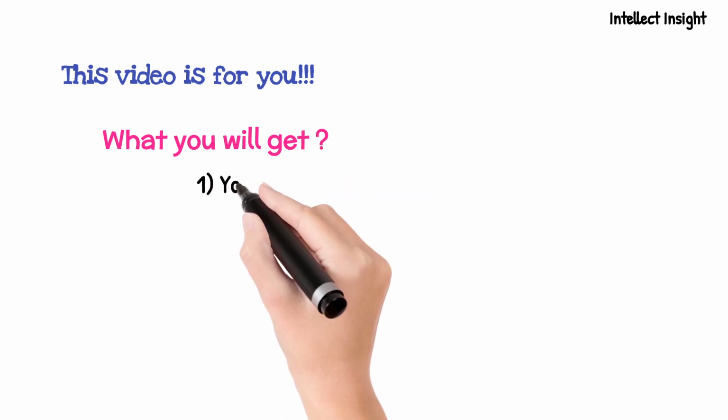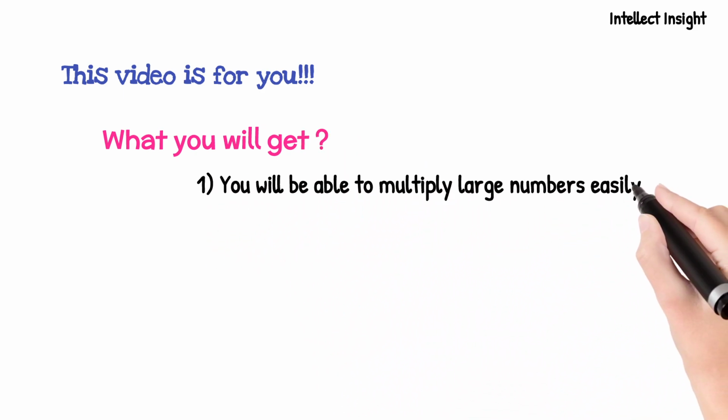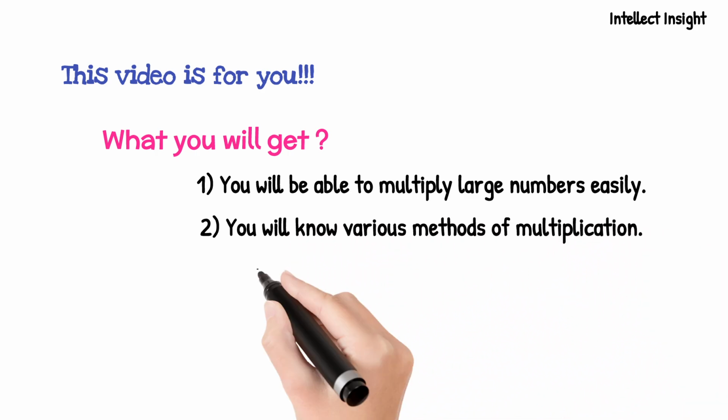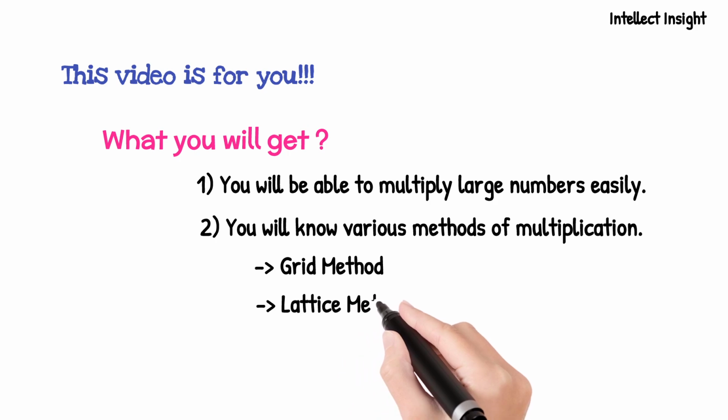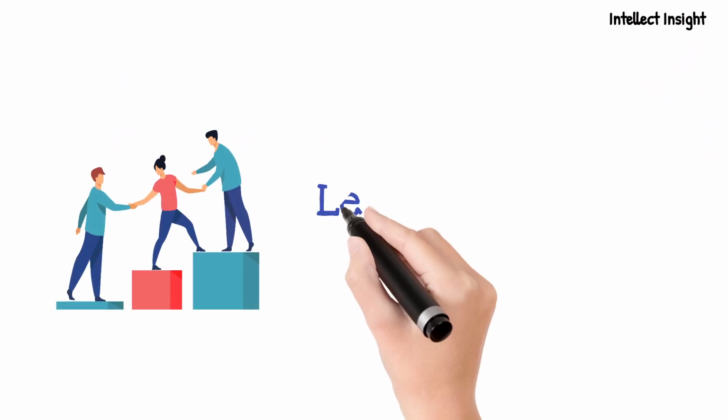By the end of this video, you will be able to multiply large numbers with ease using various methods, including the grid method, lattice method, and even some advanced techniques used by mathematicians for massive calculations. So let's get started.